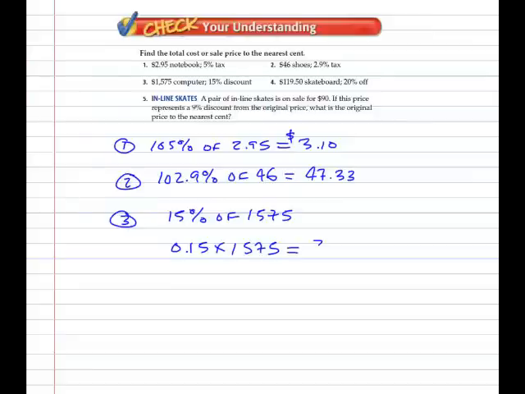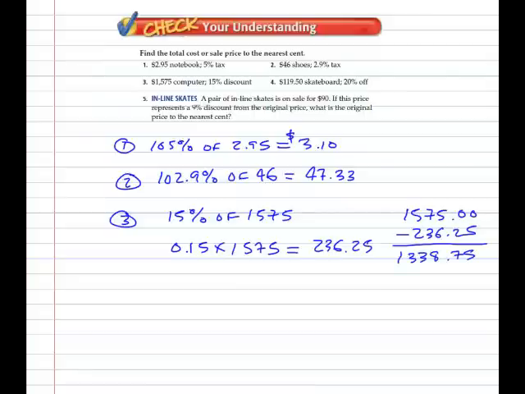That gives me a discount of $236.25. If I subtract that from my 1575, I would get then a sale price of $1,338.75.